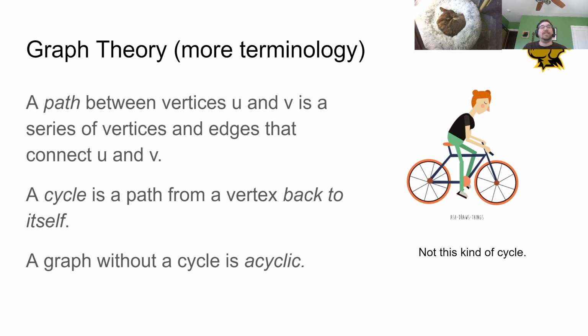A graph without a cycle is acyclic. Trees are acyclic graphs. They can't have a cycle. What rule prevents that? Well, the rule is none of your ancestors can be your children.